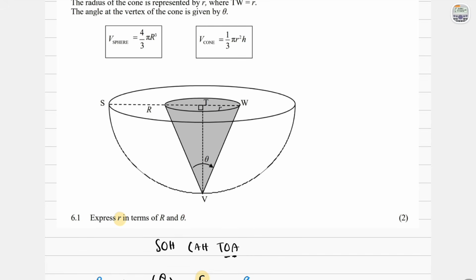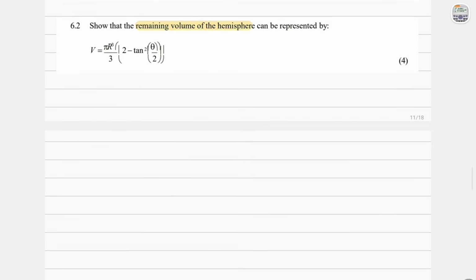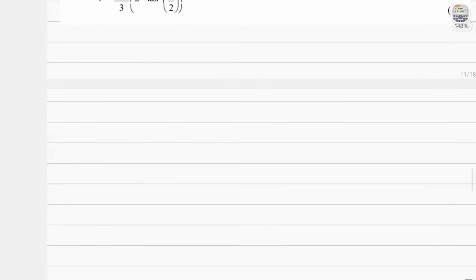So let's go ahead and do that. We need the volume of the hemisphere first. To find the volume of the hemisphere, they've given us the volume of a sphere, it's 4 over 3 pi r to the power of 3. We need a hemisphere, which is half of this. So we take the volume of the sphere, 4 over 3 pi radius to the power of 3, and we multiply it by half, because half of a sphere would be a hemisphere.